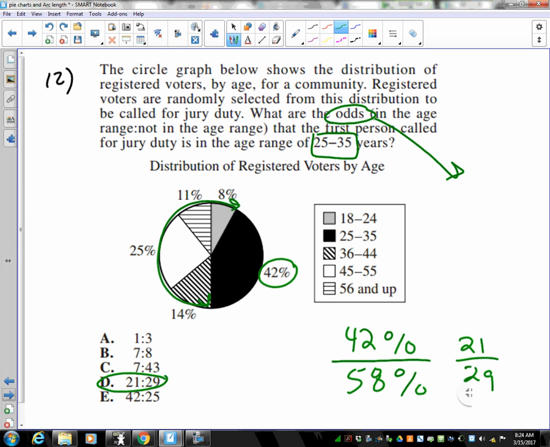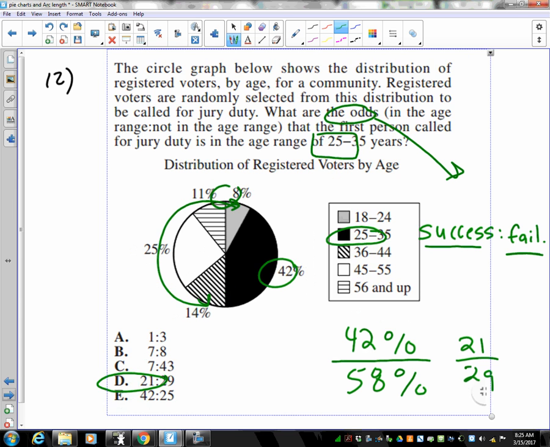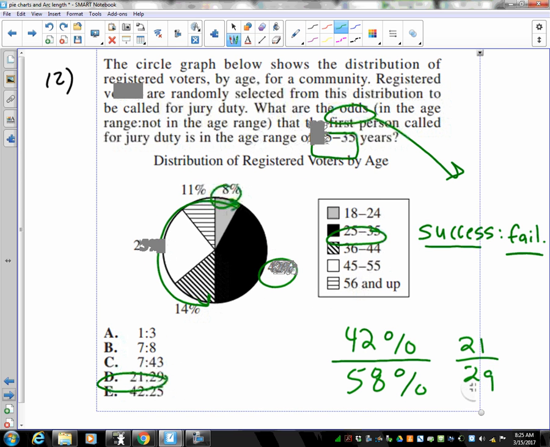The odds are basically the ratio of the number of successes over, or to, the number of failures. So the ones that are 25 to 35 versus the ones that are not 25 to 35. So the ones that were not were all of these, which was 58. So 42 to 58.